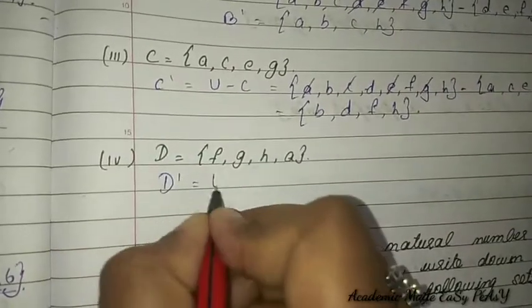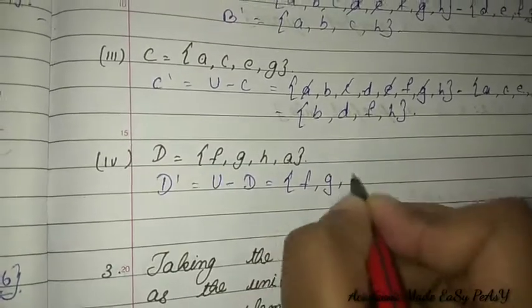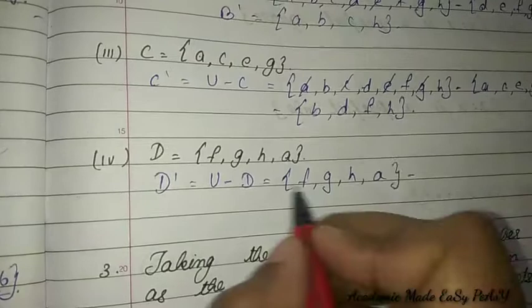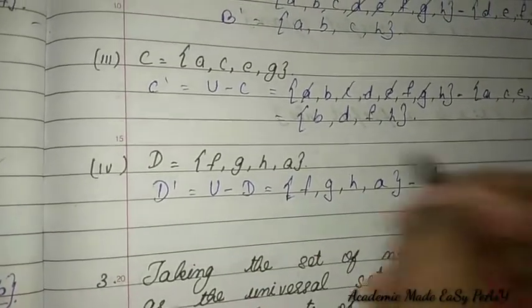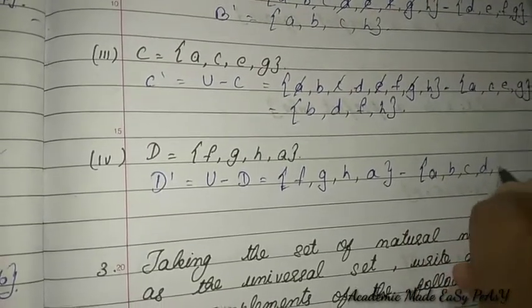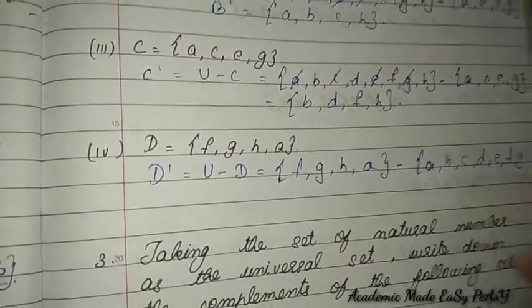D dash is equal to U difference D, which is equal to {F, G, H, A}. Sorry, this is my D. We have to just interchange it. U is {A, B, C, D, E, F, G, H}. Is that clear?